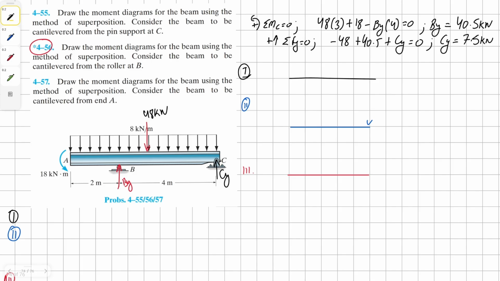Just like before, we're going to have our 48 kilonewton external reaction force from the uniform distributed load.